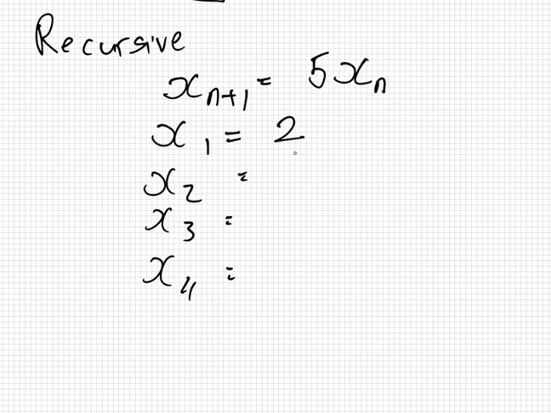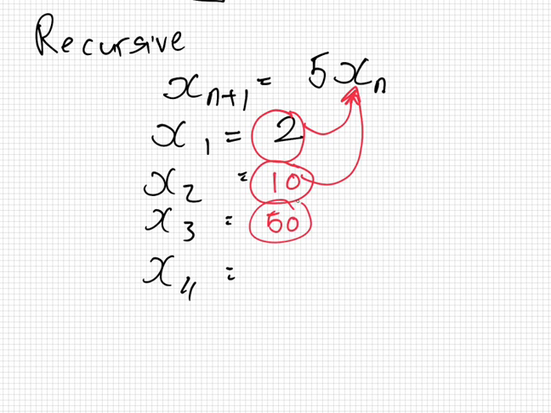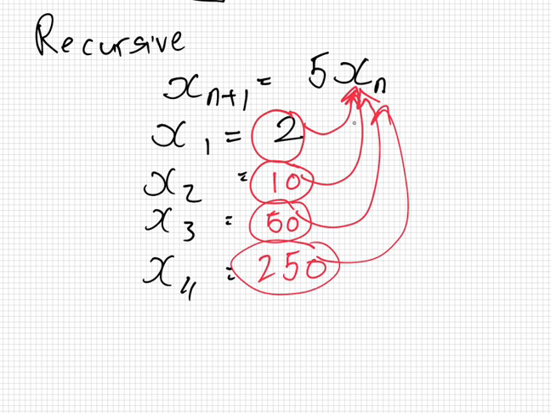So what's the next term? 10, isn't it? You take the 2, put it inside, 5 multiply 2, 10. You take the 10, put it inside, 5 multiply 10, 50. You take the 50, put it inside, 5 multiply 50, 250. And if I want the next one, you have to repeat. So it keeps going back inside of itself. This means we call this recursive.